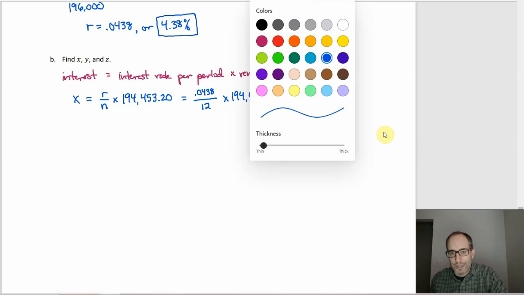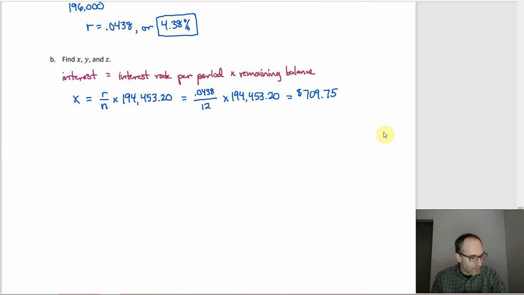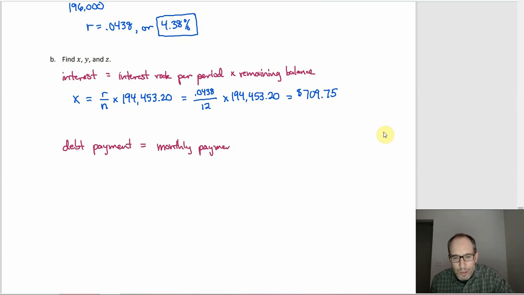And then the Y is the debt payment, which is just the difference between the overall payment and the interest. So the debt payment would be equal to the monthly payment minus the interest, right? Because each monthly payment, part of that is to pay down interest, part of that is to pay down the remaining balance, which would be the debt payment part.